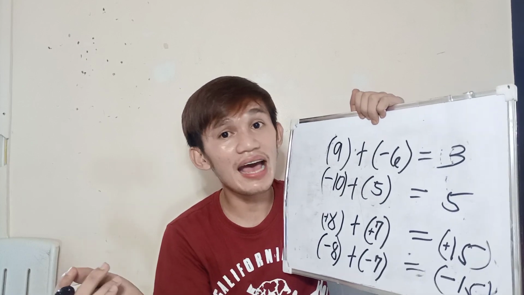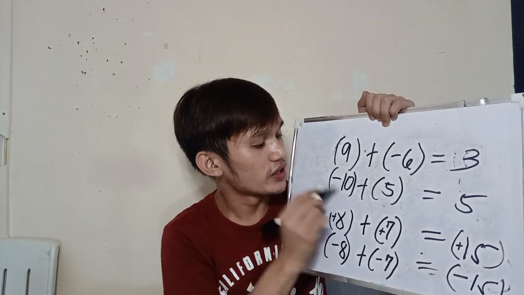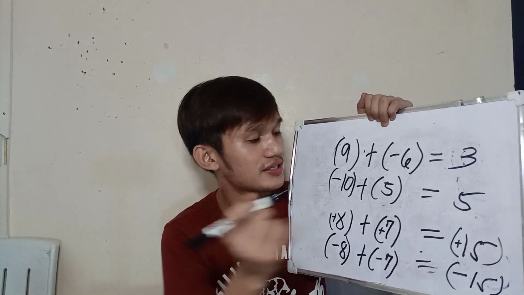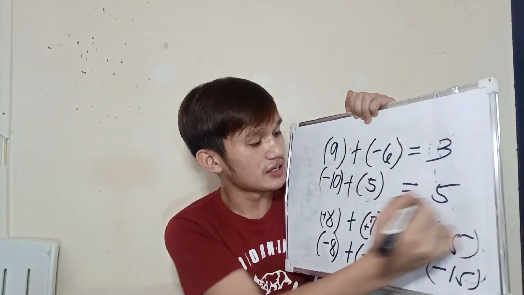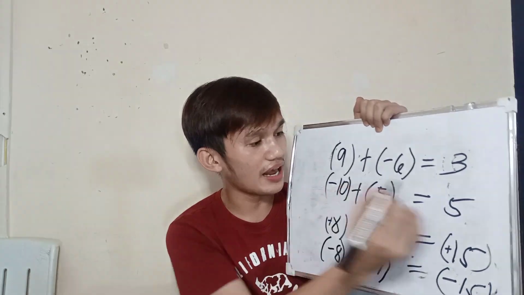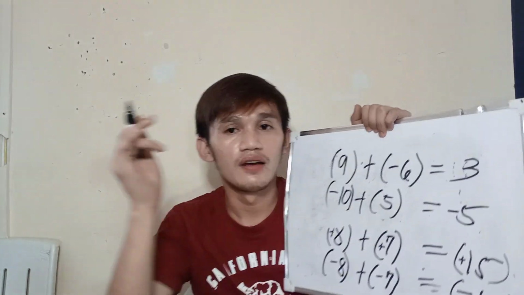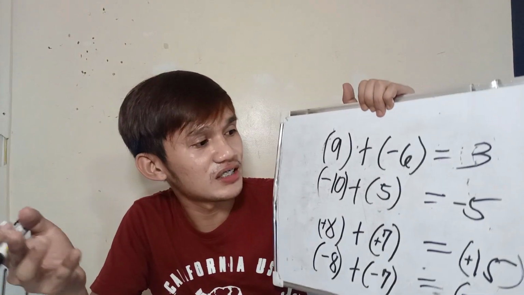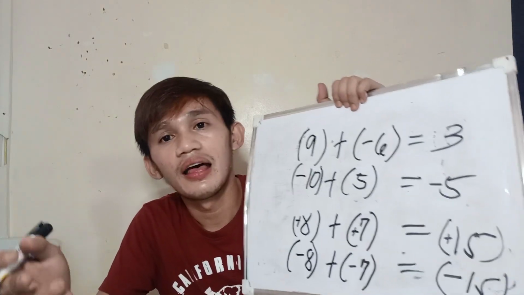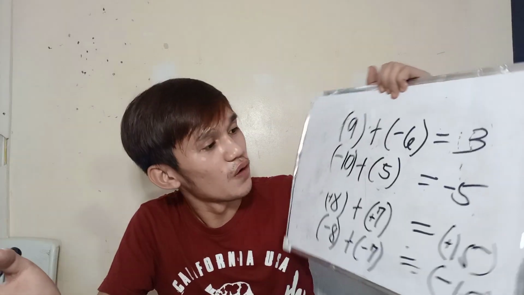Keep the sign of the higher number. Which is higher, 10 or 5? It's negative 10. So 10 is higher than 5. Since the sign of 10 is negative, so you have negative 5.